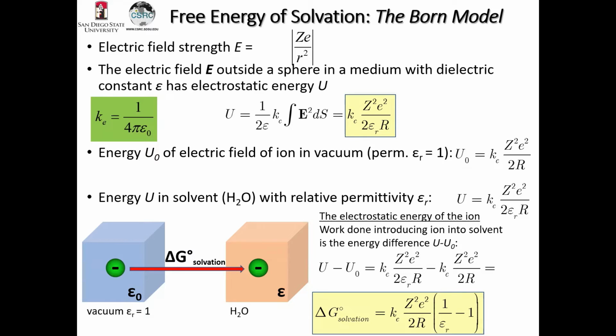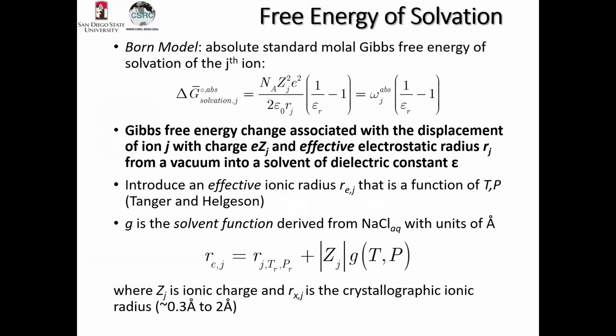Now, this gives us delta G, and we've expressed it here. So in order to calculate this in our code, we have to have a model for the permittivity in water. And we also use this term from Helgeson to model the ion radius, and it's a function of temperature and pressure.